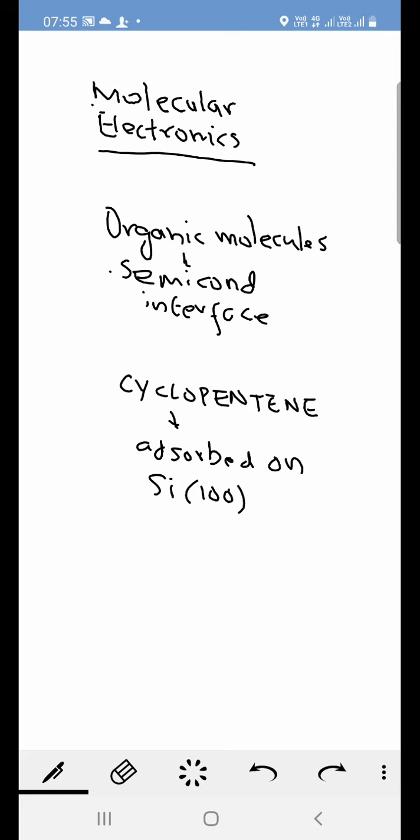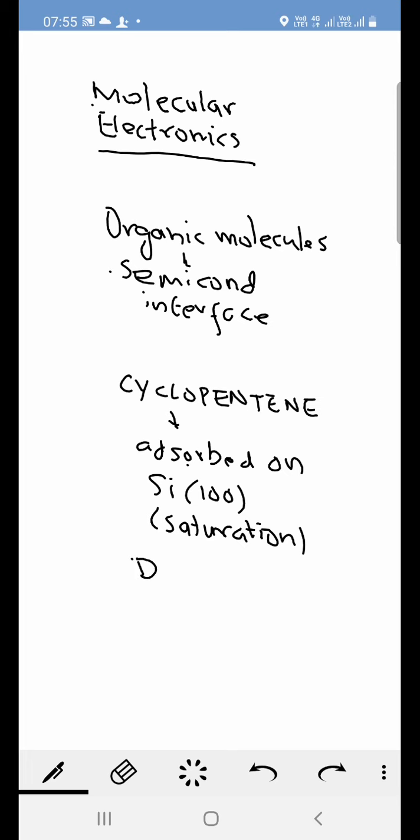So there is adsorption followed by saturation. The next thing we should look out for is that it shouldn't desorb. It can desorb, but the probability of desorption is very low.